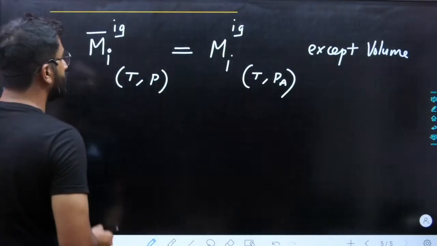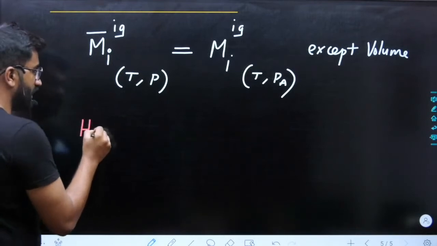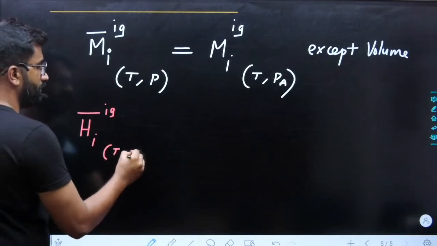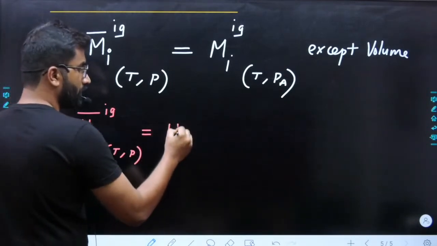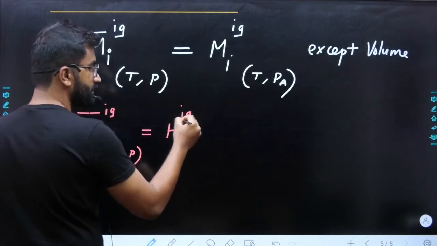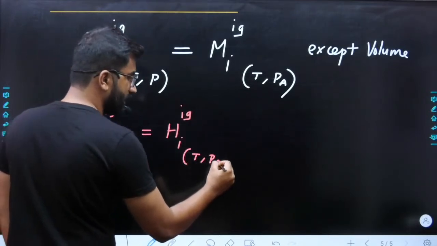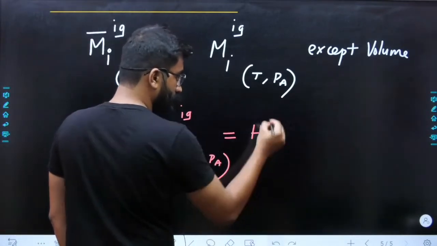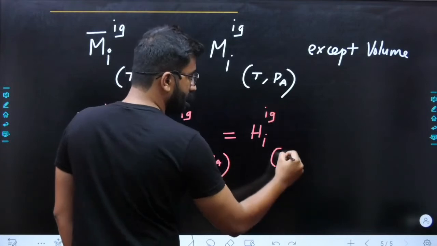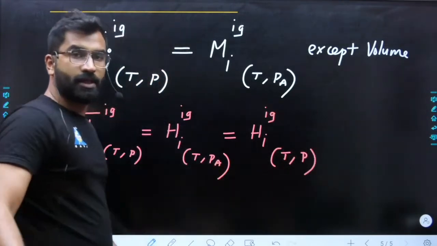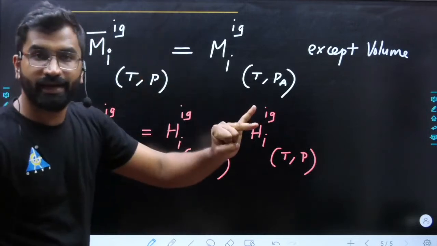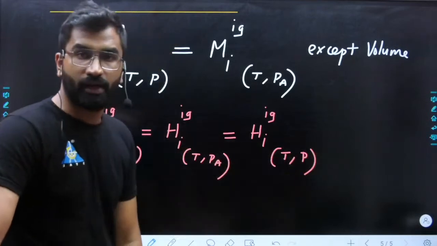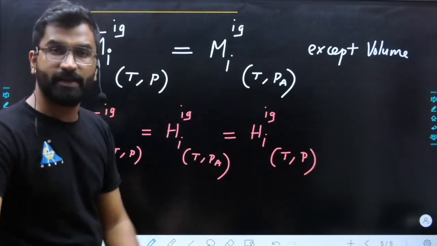So if they are asking you the partial molar enthalpy in an ideal gas at temperature T, P, this is equal to the enthalpy of an ideal gas at temperature and partial pressure, and this will also be equal to the enthalpy at temperature and pressure, because enthalpy, internal energy, etc. do not depend upon the pressure. So whatever the value of pressure, in mixture and pure substance, it will be the same.